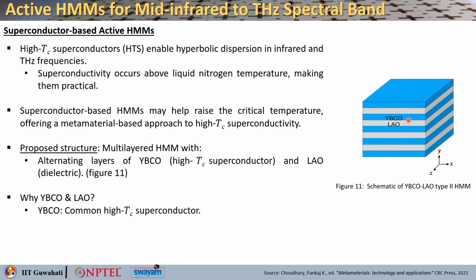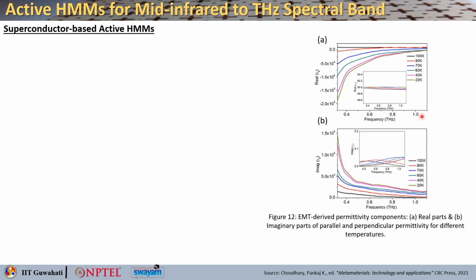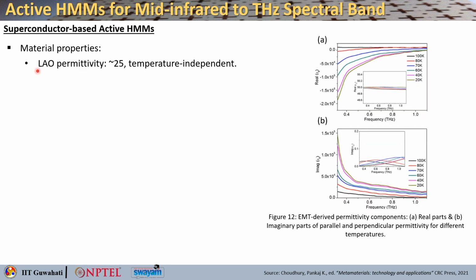Okay. Now, why do you choose these two materials? So, YBCO is basically a common high critical temperature superconductor, and LAO, lanthanum aluminate, is a dielectric that basically supports lattice matched deposition of these YBCO films. So, that becomes a natural choice. Now, what are the material properties? The LAO permittivity is around 25. Okay.